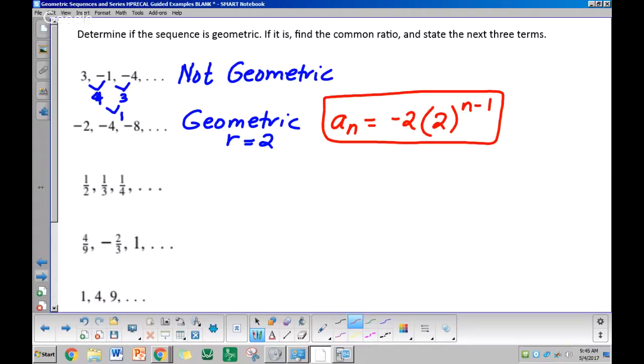Okay. Moving right on, is the next one geometric? No, not geometric. You can see the pattern and you know what's happening, right?